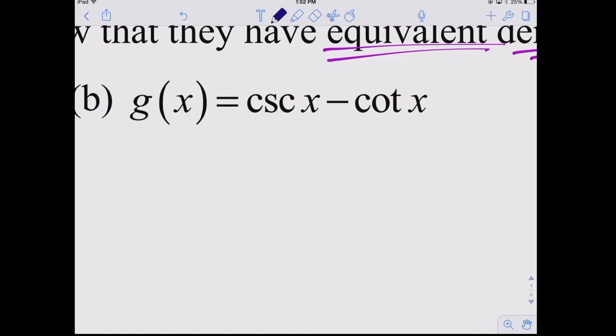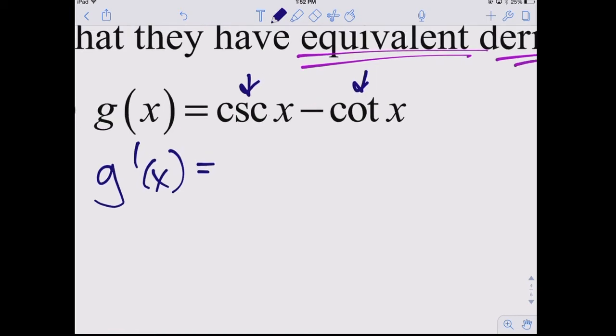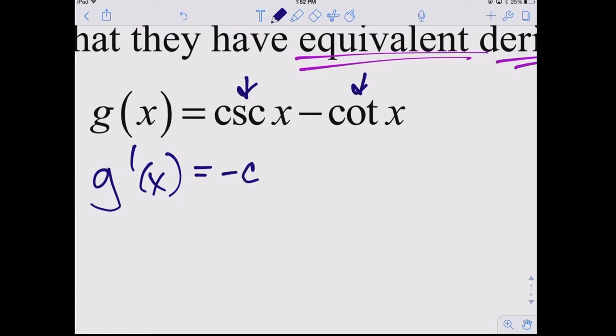Let's prove it. Do we need to rewrite anything on the right? We do? We could. I mean, there are certain identities that we can use, but there's 2 terms, and do we now know the derivative of both of those trig functions? Yes. So the left side becomes g prime of x. And here we go. The derivative of cosecant is negative cosecant times cotangent.